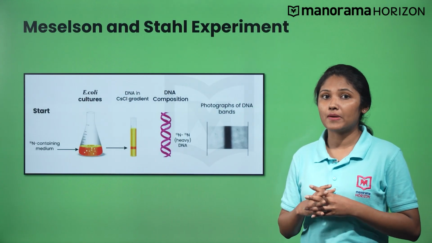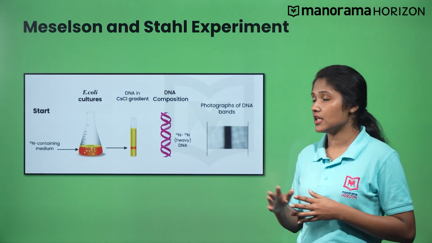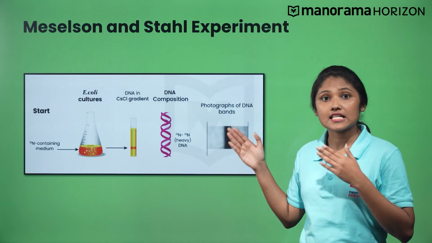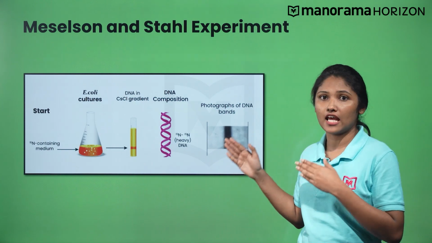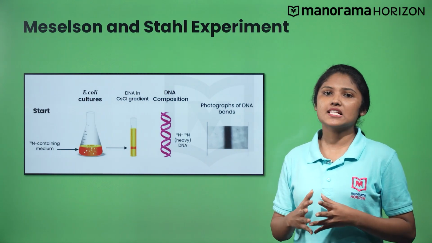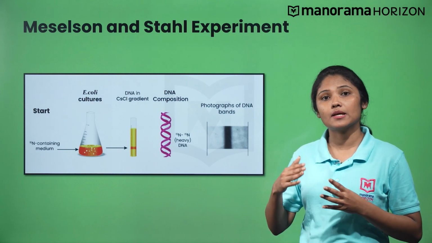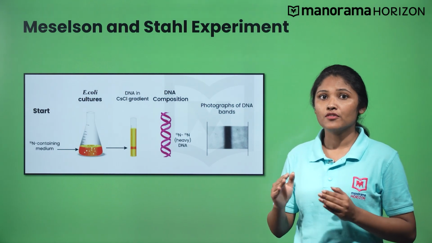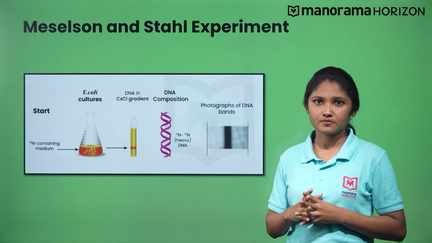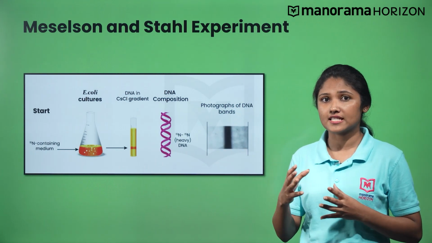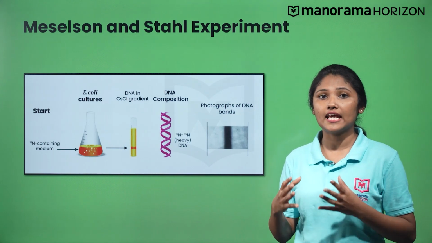Nitrogen present in the bases of DNA occurs in both heavy, that is N15, and light, that is N14, forms. Meselson and Stahl grew Escherichia coli cells in the presence of N15 for many generations. It produces E. coli cells having all the DNA heavy labeled.